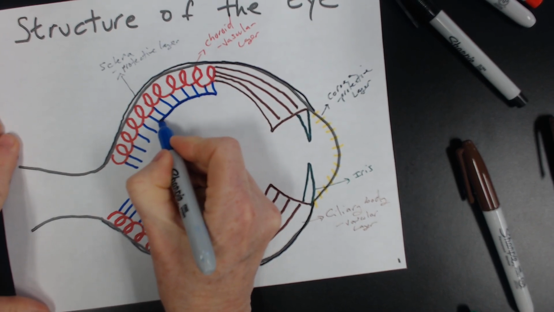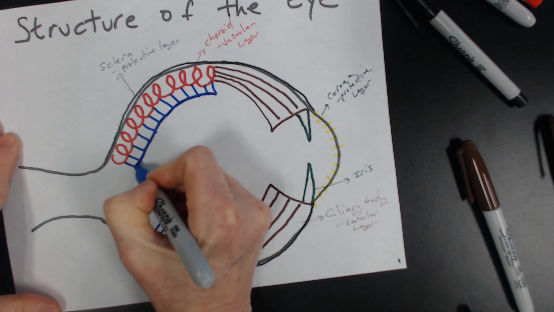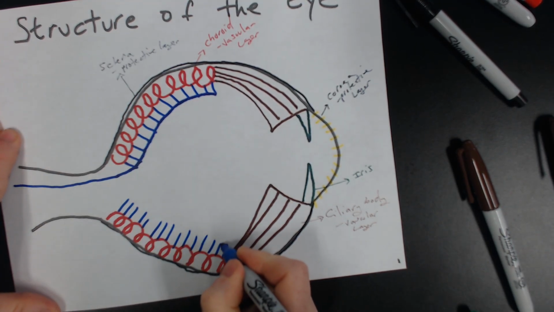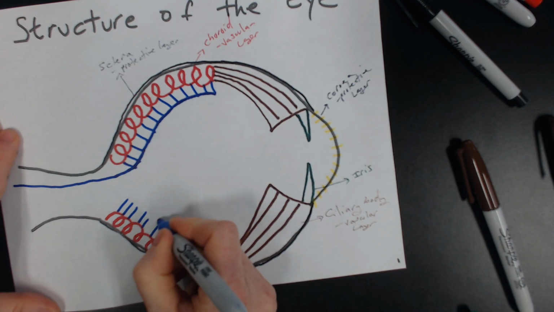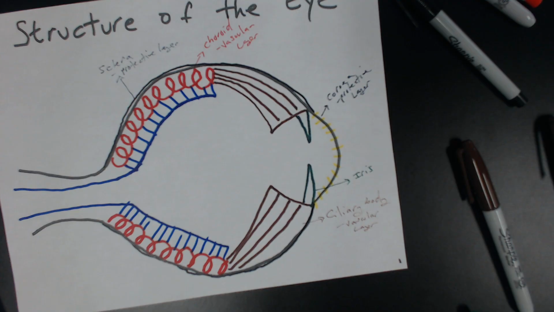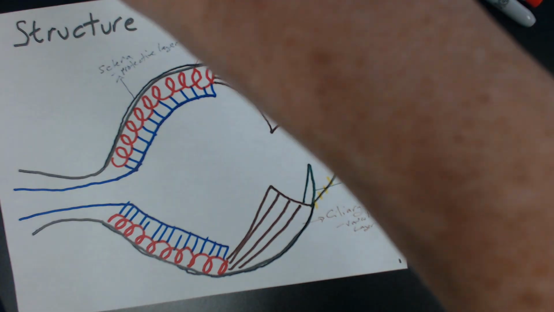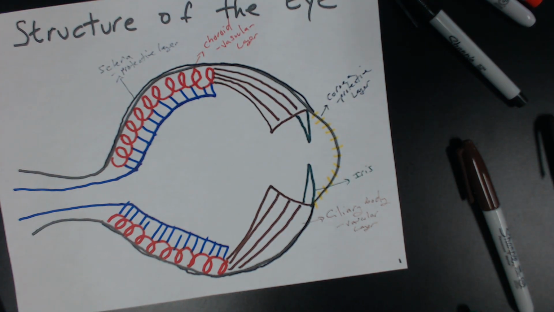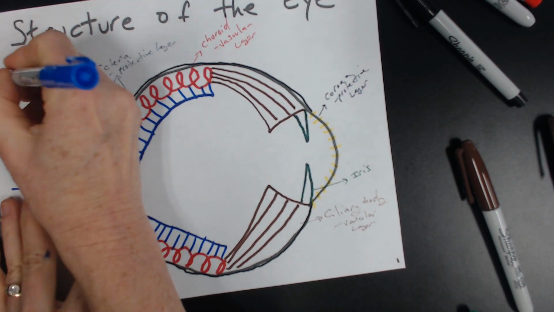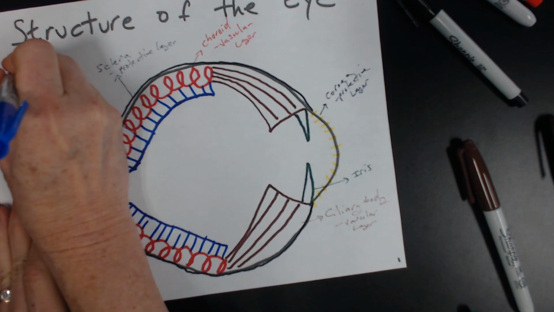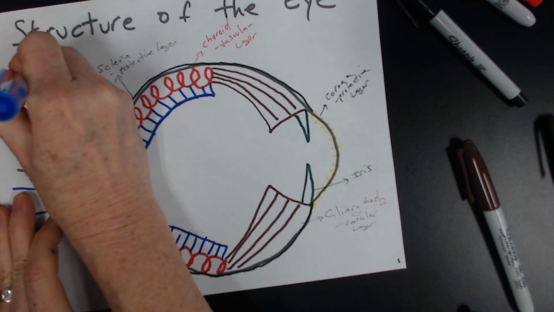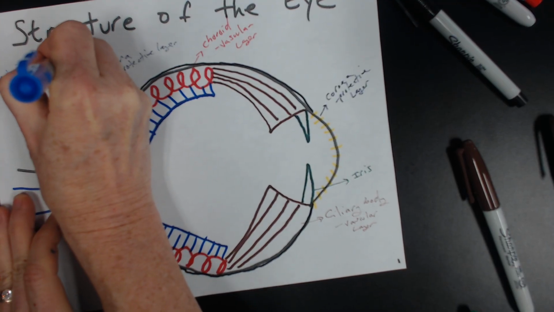So all the axons from these cells come together and they exit out the back of the eyeball. Okay. So this is going to be your retina, and your retina is going to be a photoreceptive layer.